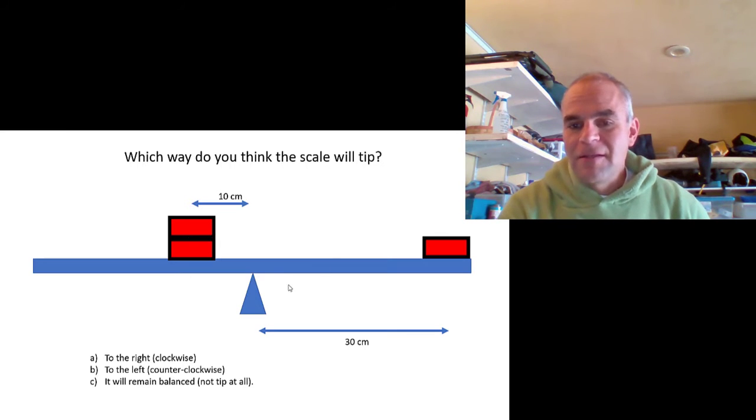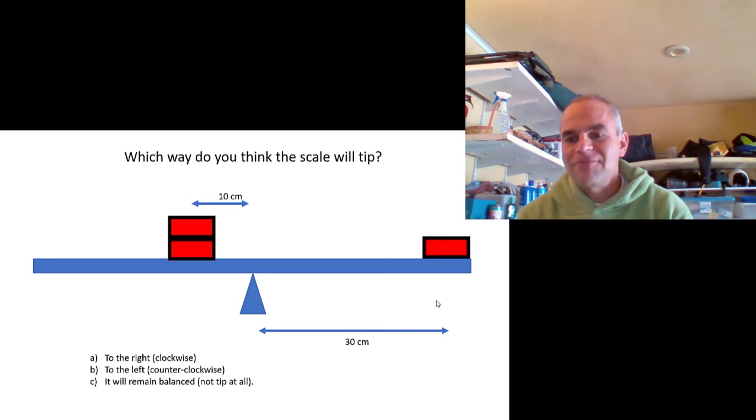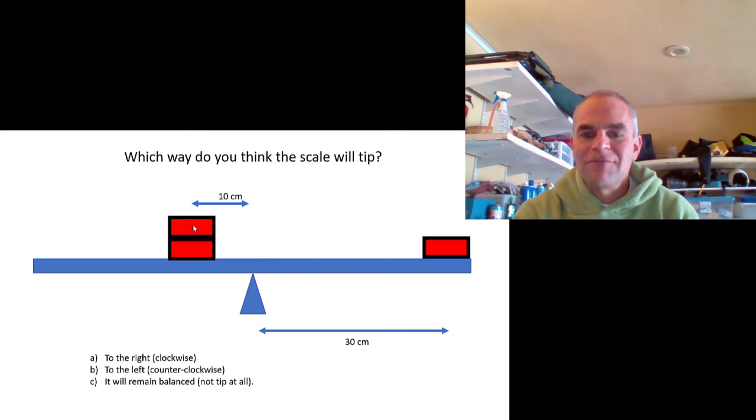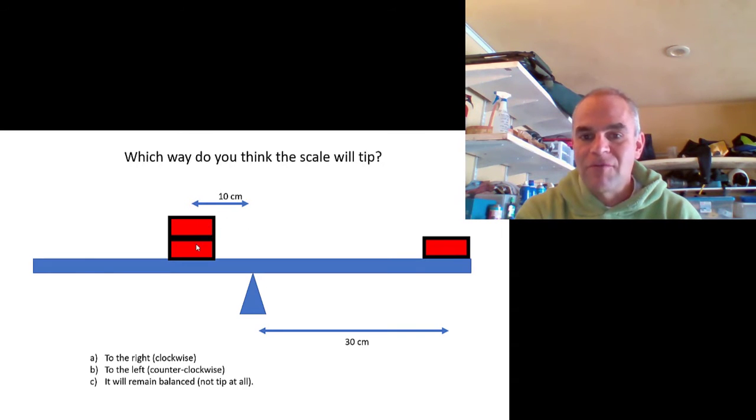On the other hand, the distance here is 3 times the distance from here to here. So this 30 centimeter distance is the moment arm, the R in calculating the torque, which is F times R. And in this case, even though it's twice the force, the moment arm is only a third of it. So if you calculate the torque, let's just say the mass is M on the smaller side and 2M over here.